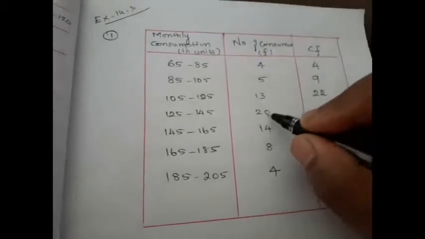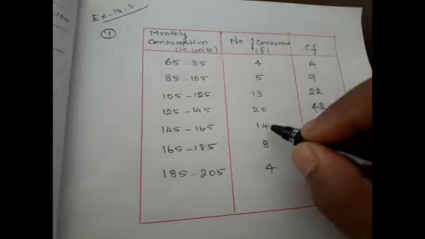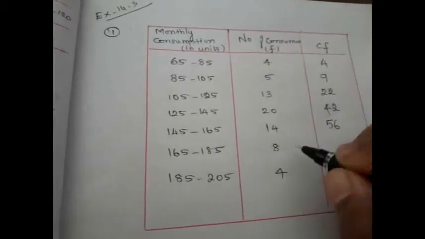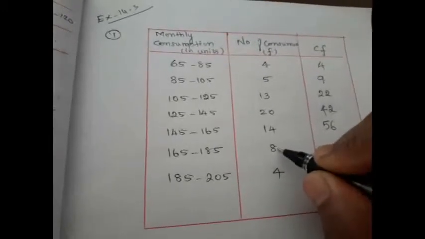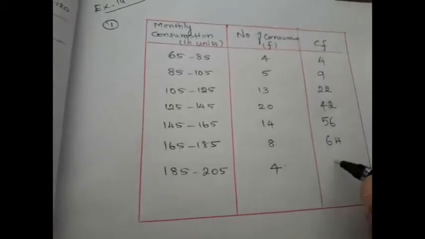Then 22 plus 20 is 42. 42 plus 14 is 56. Then 56 plus 8 is 64. Then 64 plus 4 is 68, right?